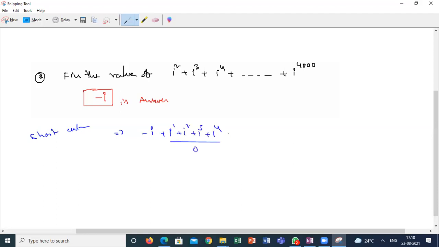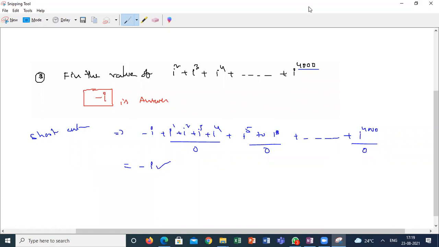These 4 values sum to 0. From i power 5 to i power 8, it is 0, like multiples of 4. So 4000 is a multiple of 4; every 4 terms come to 0. Up to here it is 0, so the answer is minus i. This is one strategy.